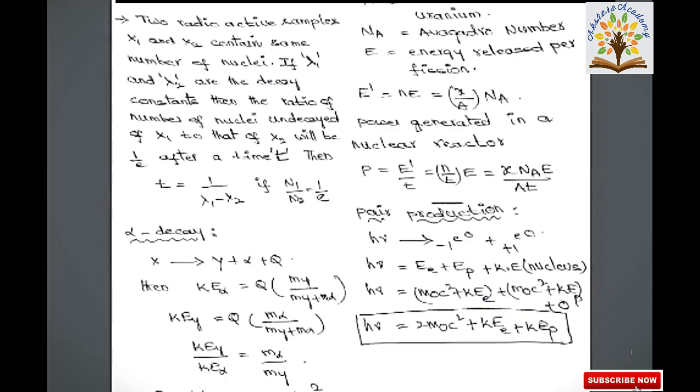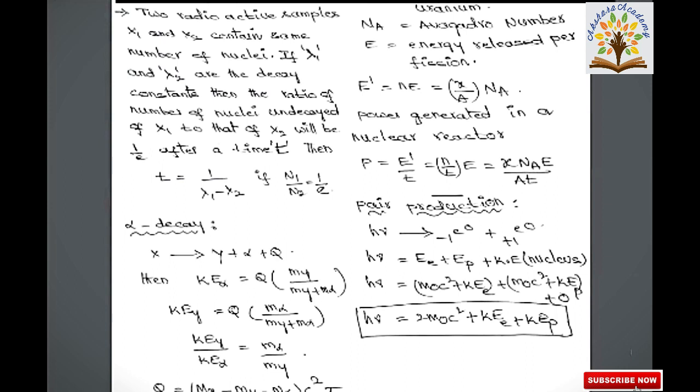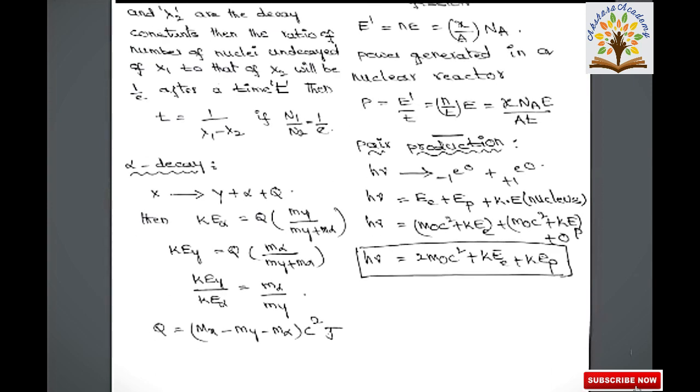And the important formula in alpha decay is, if a stationary nucleus X decays into another nucleus Y, emitting an alpha particle and some energy, then the kinetic energy of the alpha particle is given by Q of mY by (mY plus m alpha). Kinetic energy of the daughter nucleus is given by KY is equal to Q of m alpha by (mY plus m alpha).